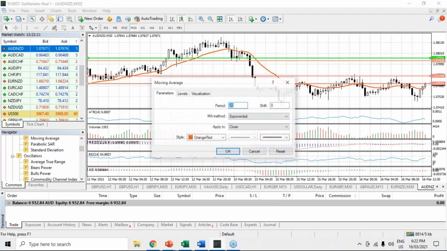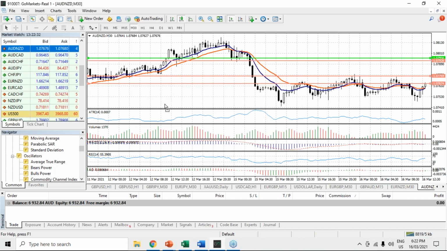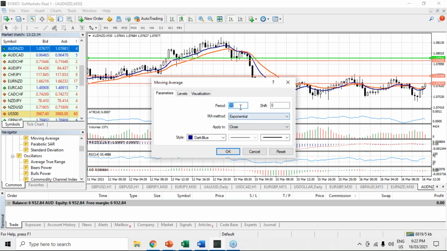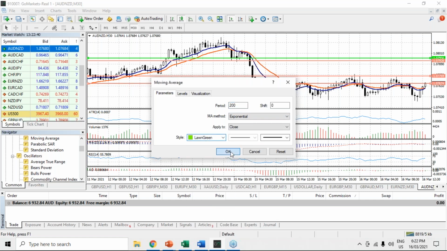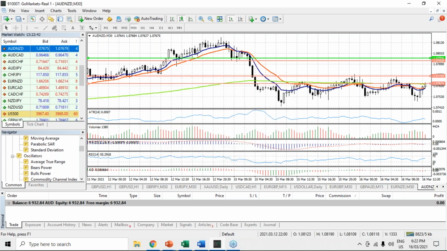Let's make it a 10, and make it blue. And then on top of that, let's put a 200 on just for the hell of it. The 200 is an important one, usually on daily charts, so I'm going to make that green. It doesn't make any difference on 30-minute charts. And that's what the chart will look like.